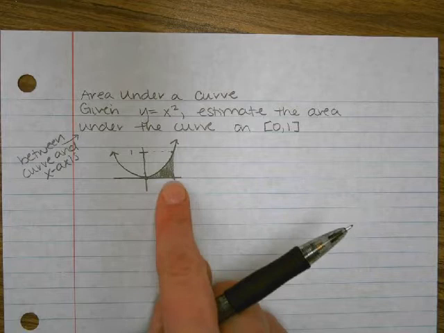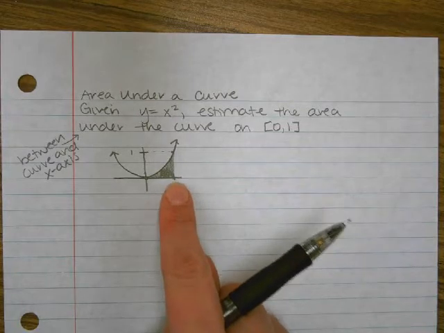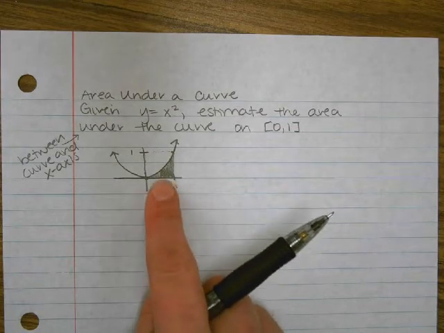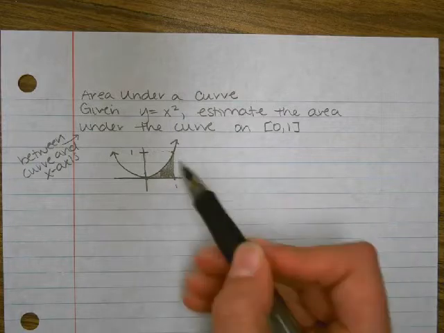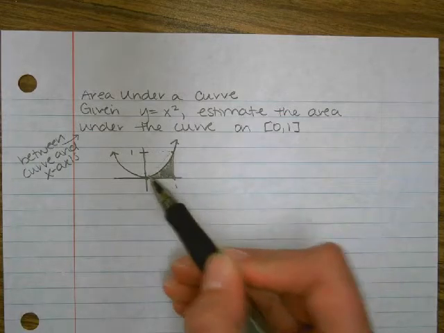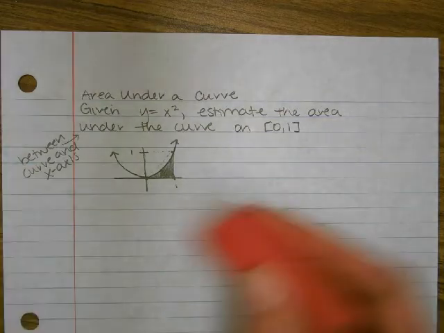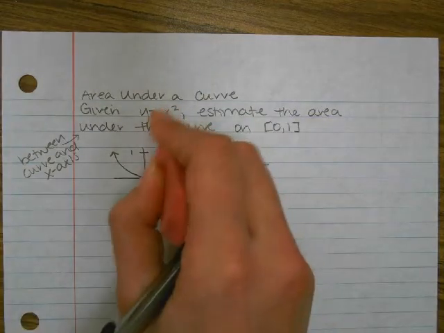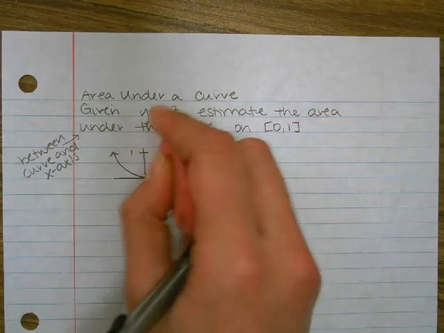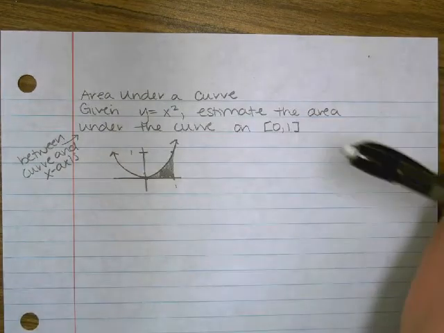So our prediction should be somewhere between an area of 0 and maybe an area of half. If you can see, if I were to draw this, my shaded area is a little bit less than half of the entire area of that square. So we're going to expect the actual area to be somewhere in between there.